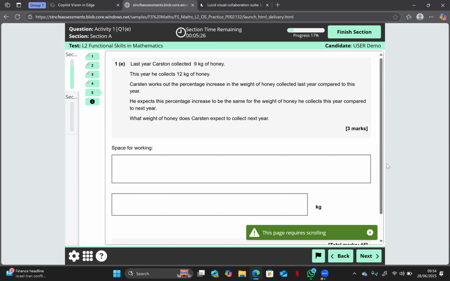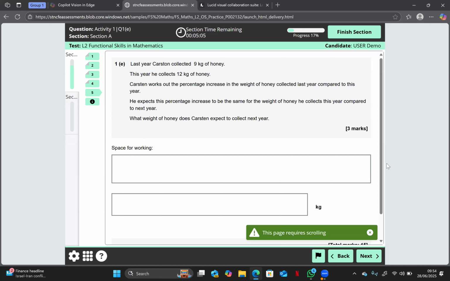So last year, Carsten collected 9 kilograms of honey. This year he collects 12 kilograms. Carsten works out the percentage increase in the weight of honey collected last year compared to this year.